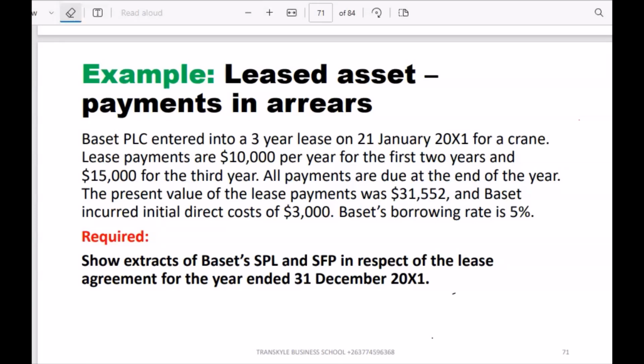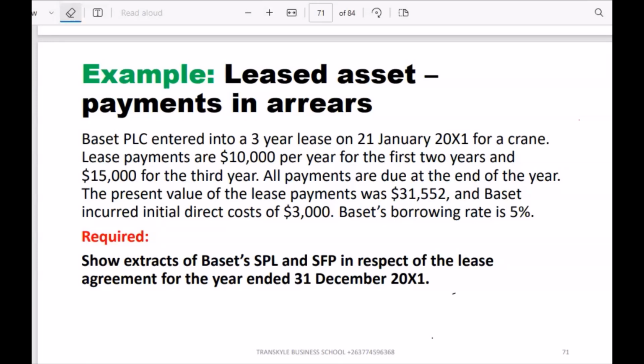The present value of the lease payments was $31,552, and Bassett incurred initial direct costs of $3,000. Bassett's borrowing rate is 5%. Required: show an extract of Bassett's statement of profit or loss and statement of financial position in respect of the lease agreement for the year ended 31 December 2021.